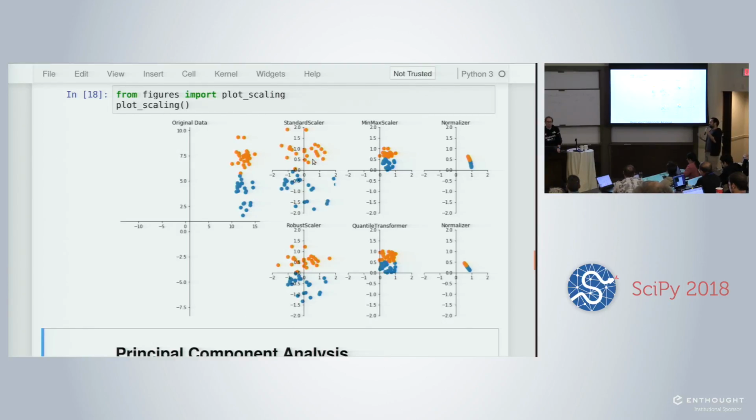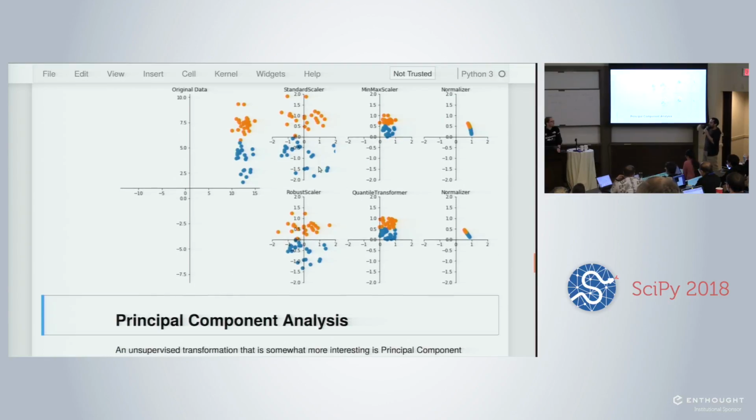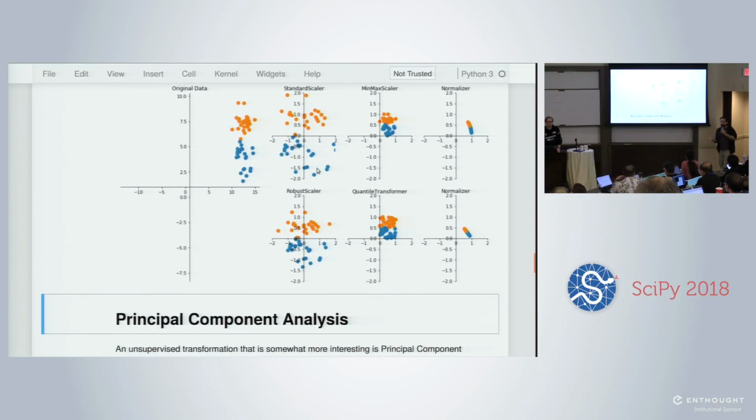But in practice, it doesn't make that big a difference if you use a robust scaler instead of a standard scaler. If you don't have outliers, it's approximately the same. Even with a quantile transformer or min-max scaler, sometimes the accuracy won't be impacted too much. You can use train test split to measure the accuracy to make sure you're not making any mistake. It doesn't impact the results too much.